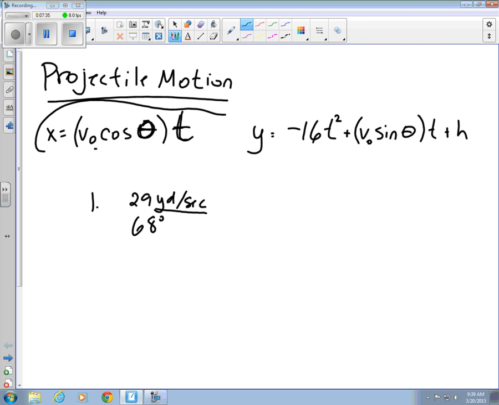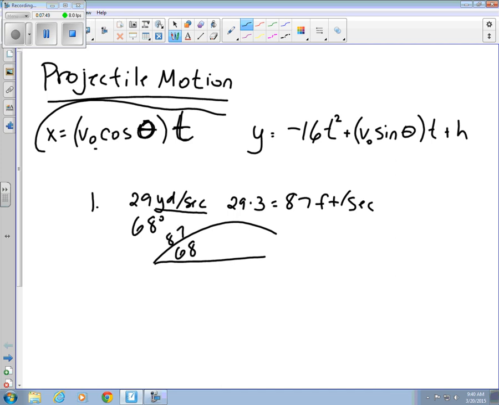Here's the first problem. This is yards per second, and you have to have feet per second. So 29 times, hopefully you know there's 3 feet in a yard, is 87 feet per second. So you have this going like this at 68 degrees, at 87 feet per second. The first thing you're going to want to do is always write these two parametric equations.